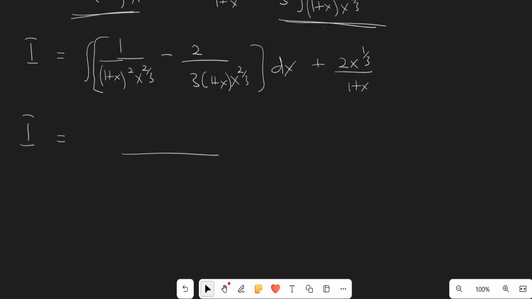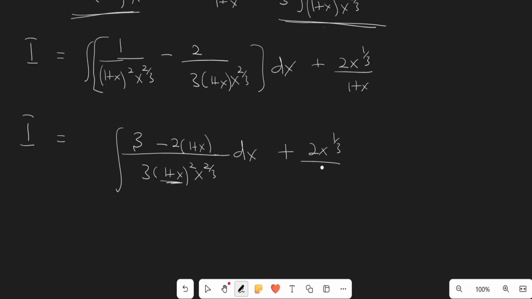What is the LCM of these terms? The LCM is 3 times (1 plus x) squared times x to the power 2/3. Dividing by it, we get 3 minus, the 3's cancel, and it is left with 2 times (1 plus x), all having the integral dx, plus 2x to the power 1/3 divided by 1 plus x.